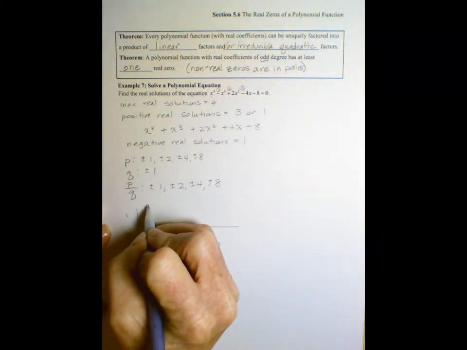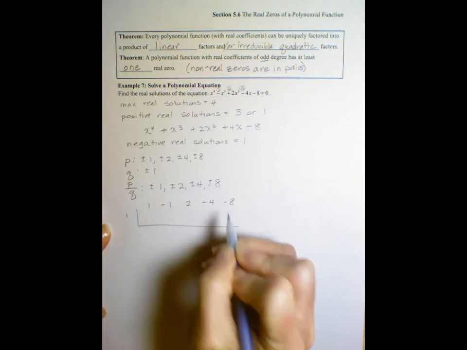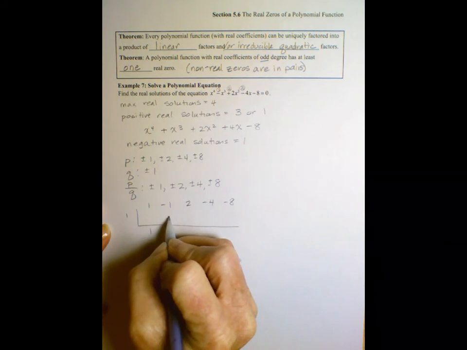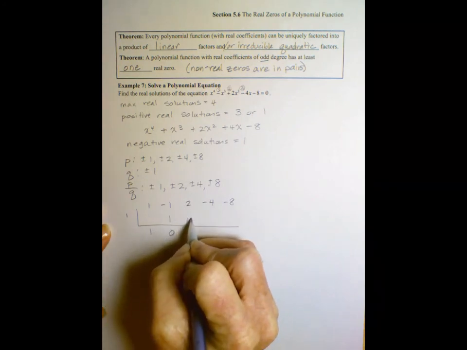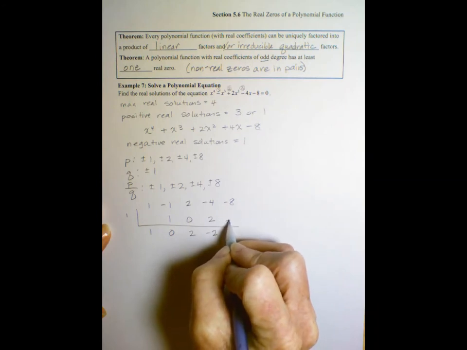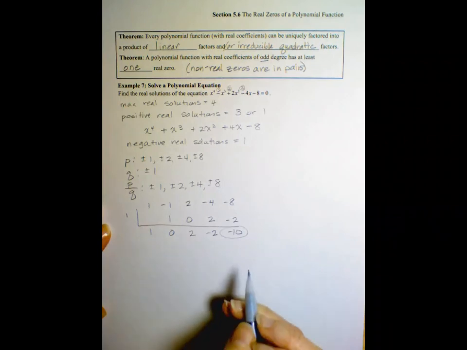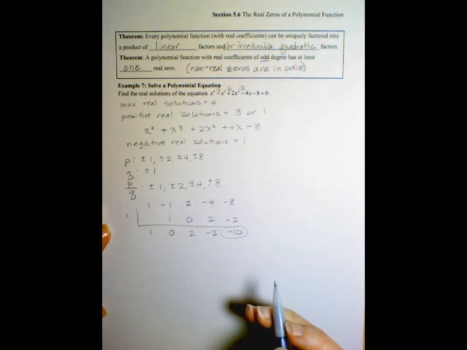Our coefficients are 1, negative 1, 2, negative 4, and negative 8. Bring down the first number. Multiply, add, multiply, add, multiply, add, multiply, add. So we get negative 10. 1 is not one of our real solutions.